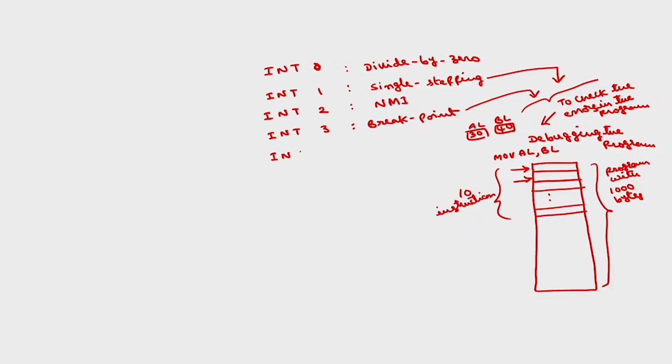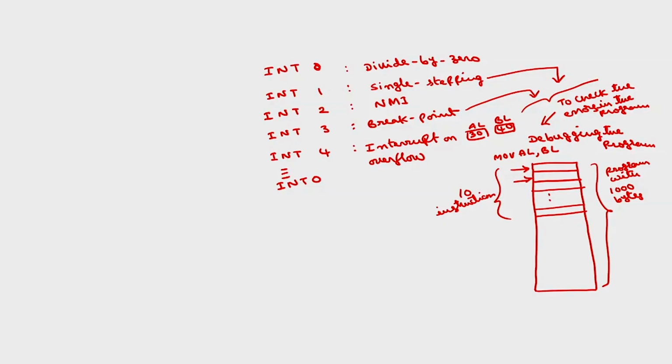INT4 is interrupt on overflow. This can also be called INTO. Whenever an arithmetic operation is executed by the microprocessor and the result is outside the range, as we discussed in earlier classes, for 8 bit the signed number result should be from minus 127 to plus 128.